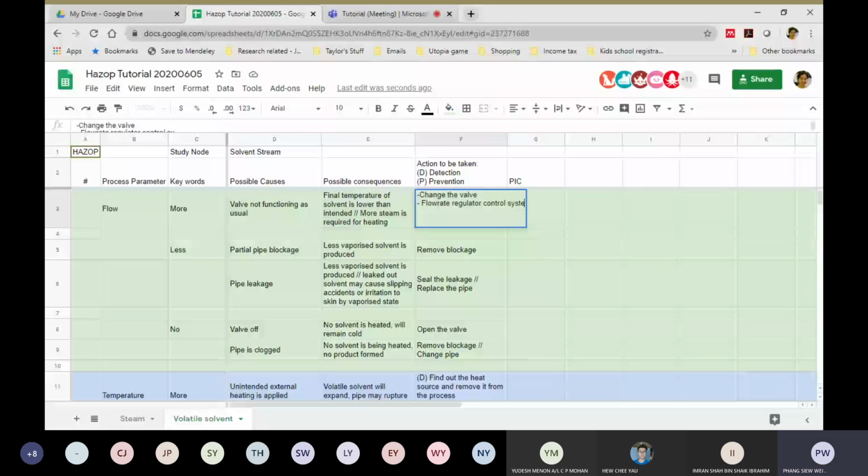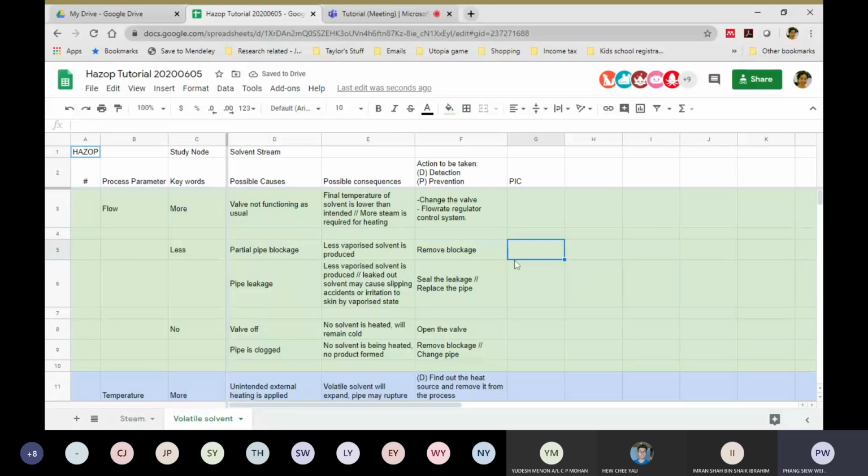Meaning, if let's say I notice that the flow rate is too much, I may want the control system to help me regulate it, to open up the valve, to close down the valve to a certain degree so that I can regulate the flow rate. So I would do that if I were to take care of this line. So any other things?